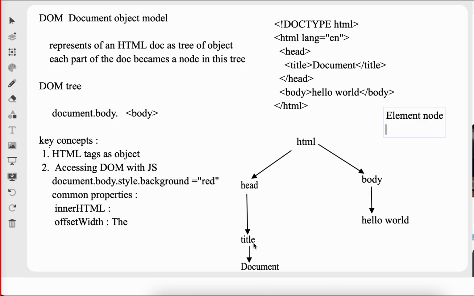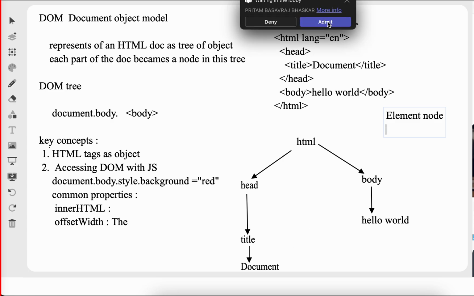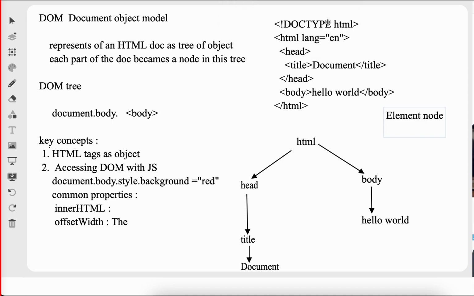These are the tags, so we call them element nodes. The next thing is text nodes, which basically represent the text content. You can see in the title we have content, and in body we have content. This content represents the text content.